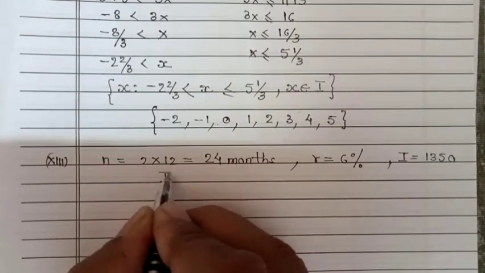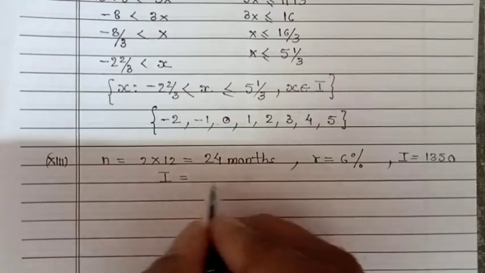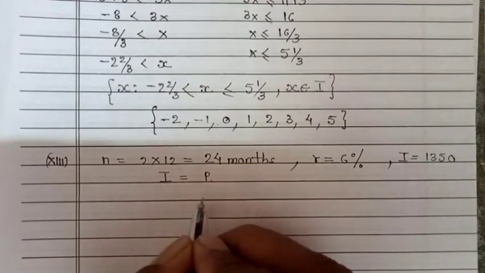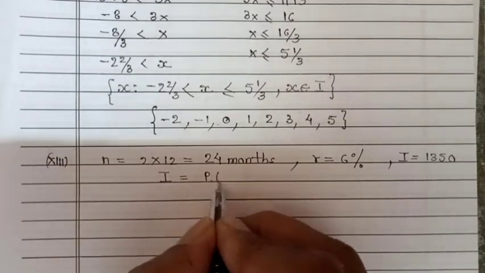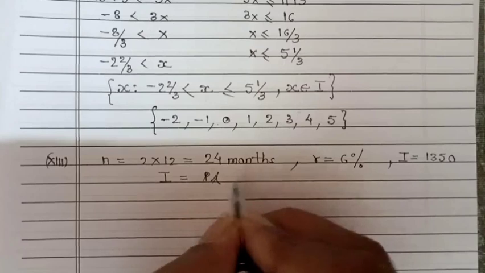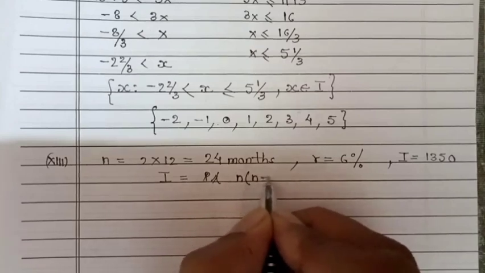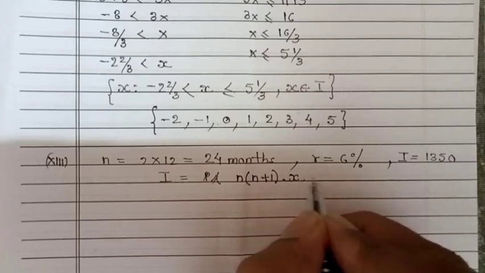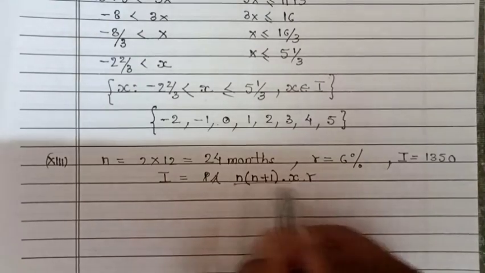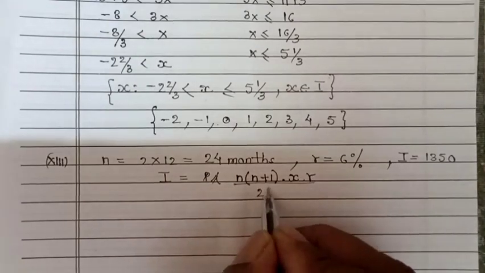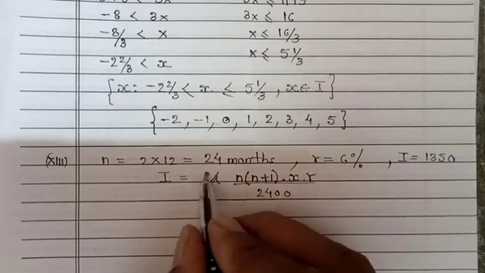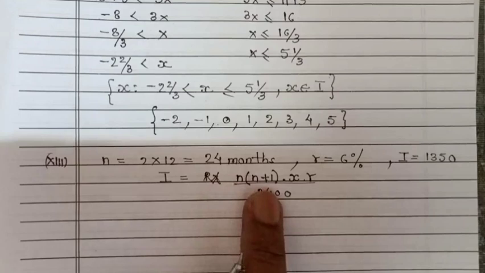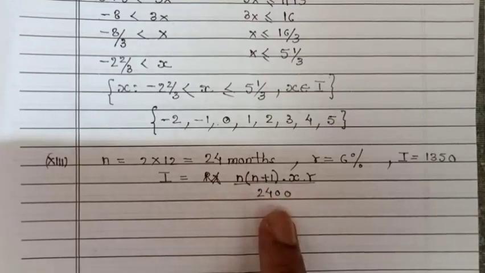If you go with the formula for interest, interest is equal to monthly installment, right? Then you can write it like this: n into n plus 1 into monthly installment into our rate of interest upon 2400. So we have formula for interest like this: n into n plus 1 into x into r upon 2400.